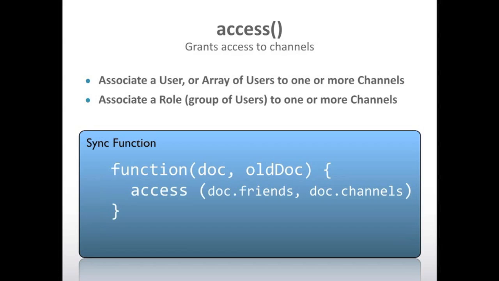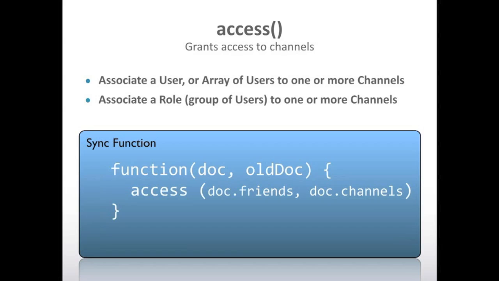Access is the next function we're going to talk about, and access is a way to grant access to channels. The channels are a primary way of defining where synchronization happens and which users get which documents, and access is our way of associating users with channels, and also associating roles with channels.